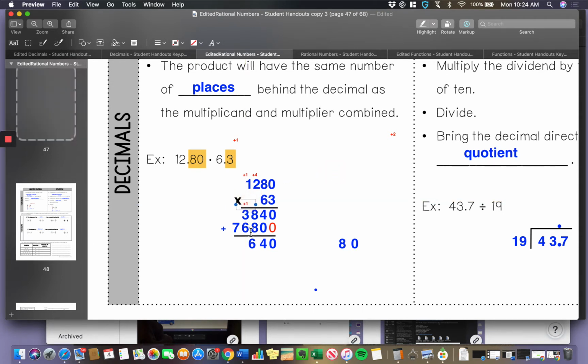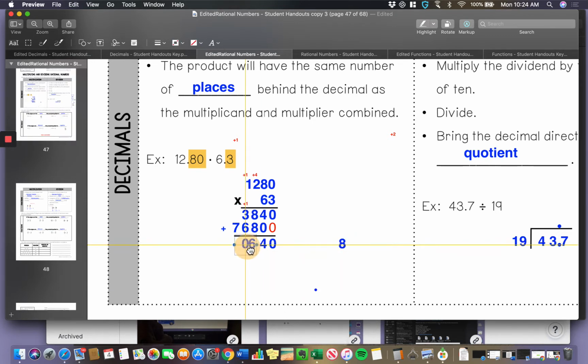Now I have 6 plus 3 is 9, plus 1 is 10. Again, I need to carry that place value over, so I carry the 1 to the next place value. Now I have 7 plus 1 is 8.